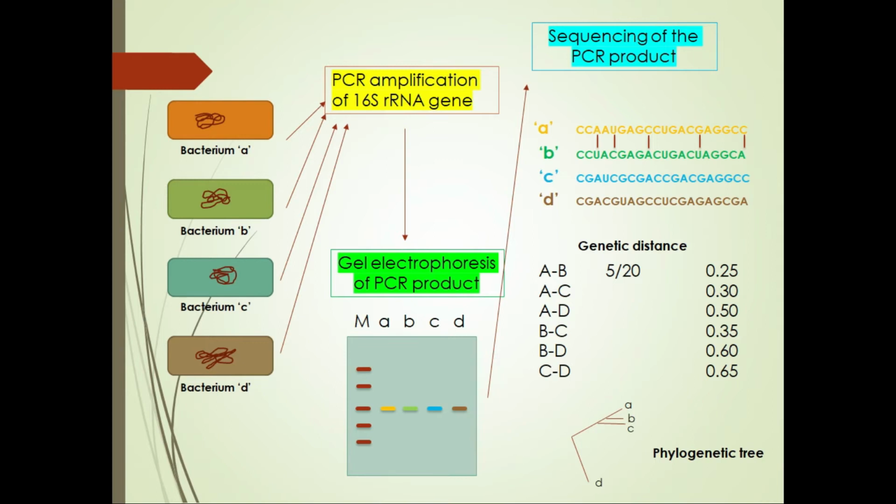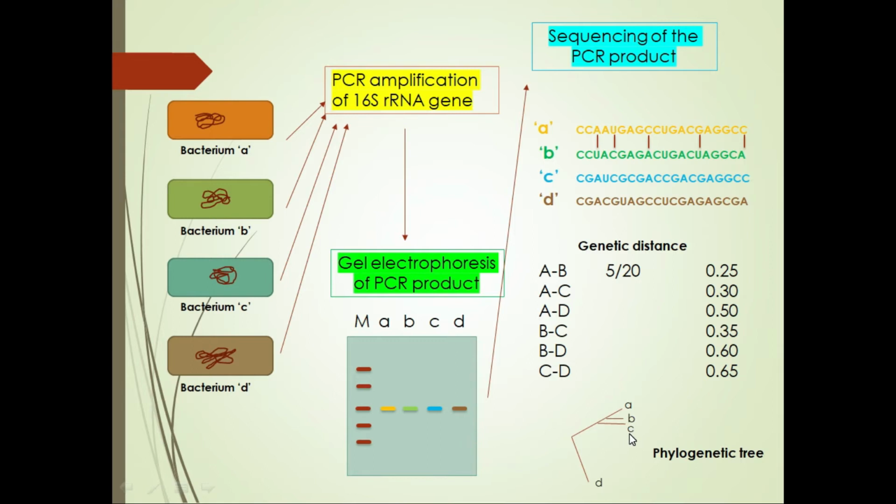So D is distantly related to all the other 3 bacteria A, B and C, whereas among A, B, C the distance is minimum. So A, B, C form a cluster and D is single. That means these 3 bacteria are genetically more related compared to D.